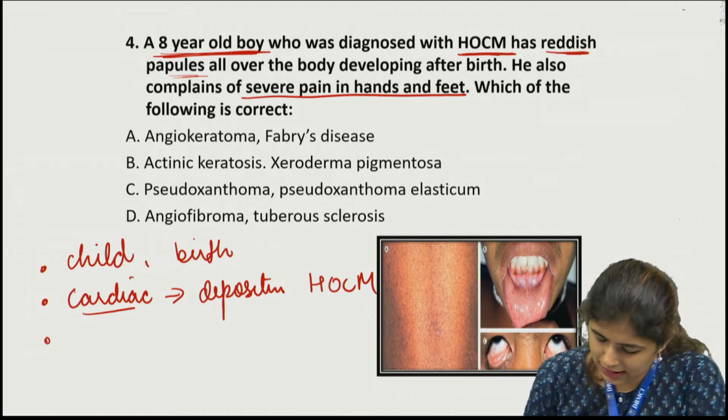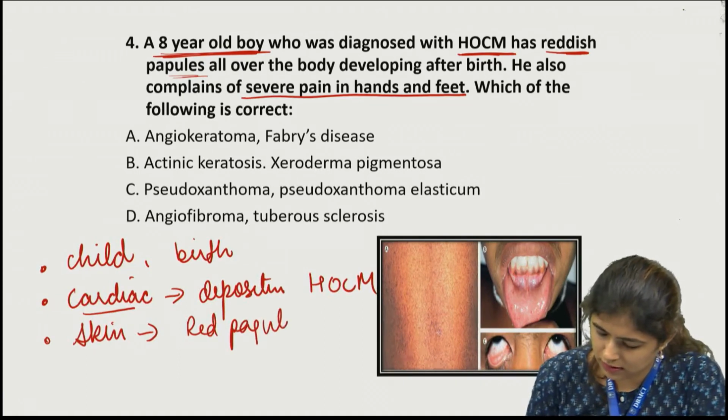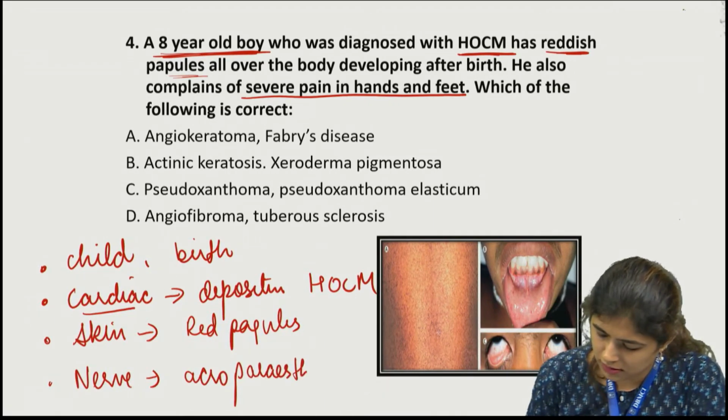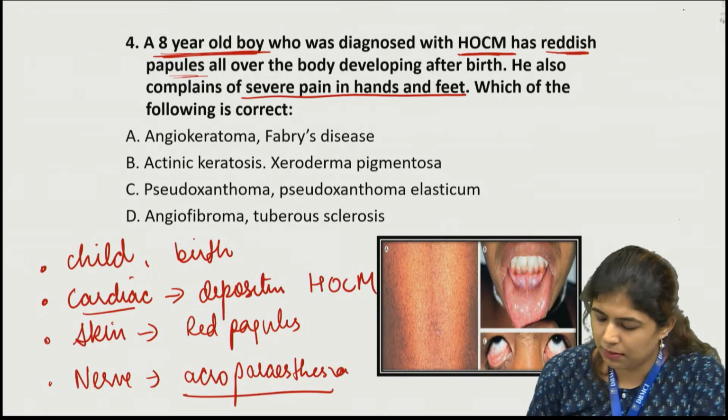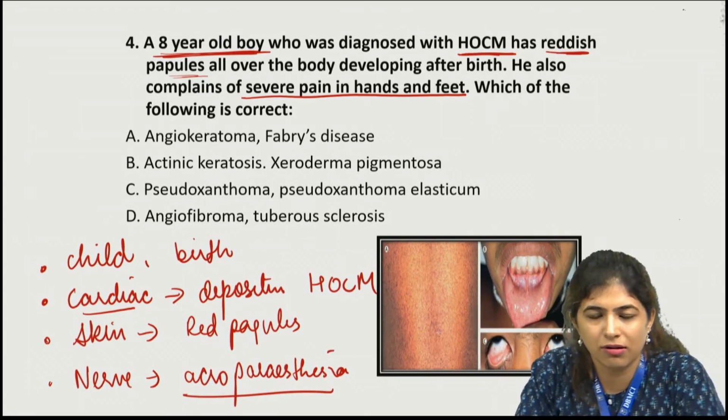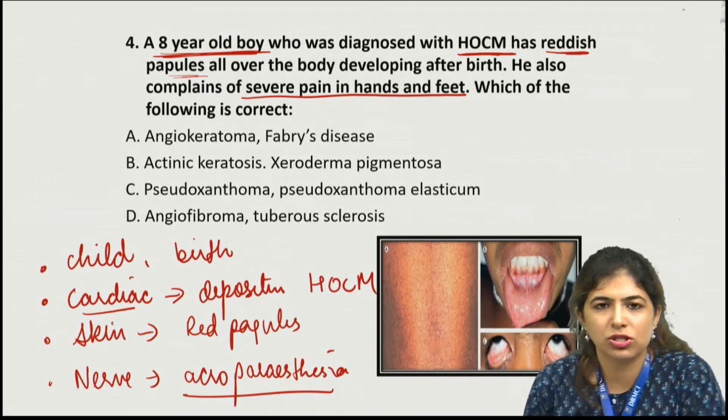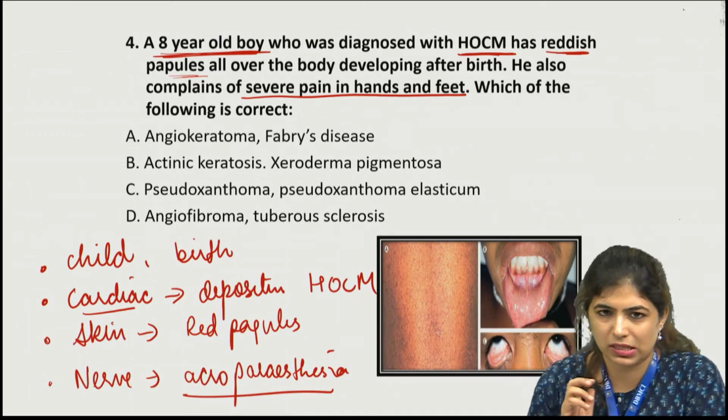Then the patient has skin lesions, which are red papules, and the patient has a nerve involvement in the form of acroparesthesias, means pain in the hand and the feet. This is the information that I gather from the text.